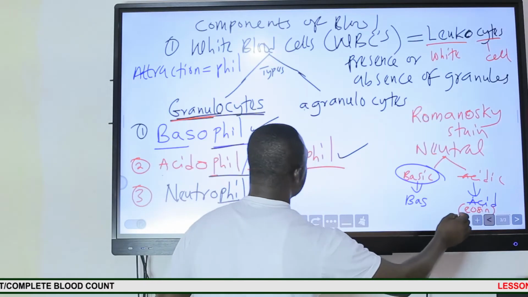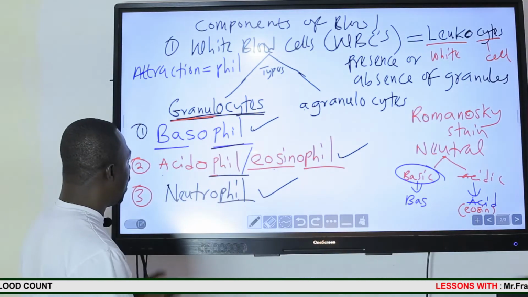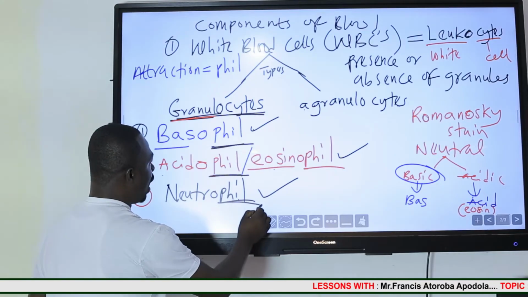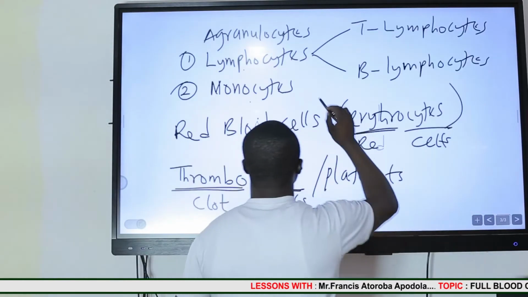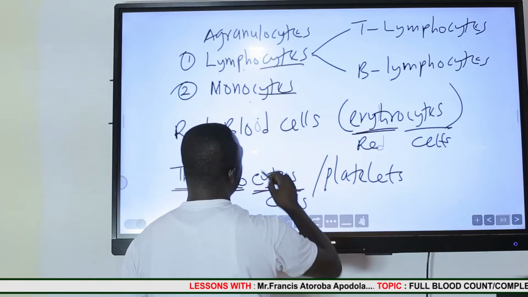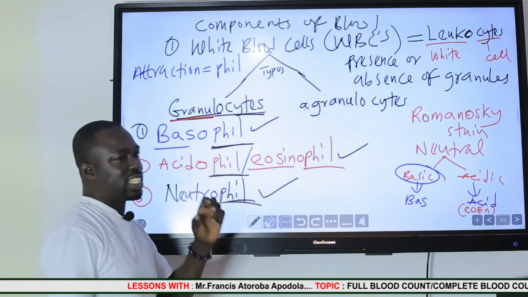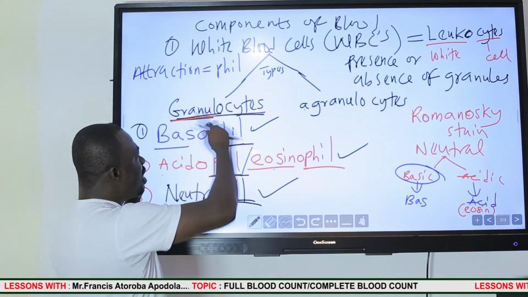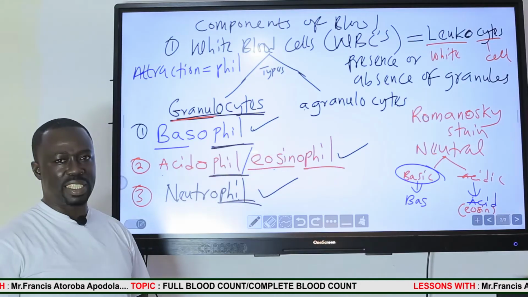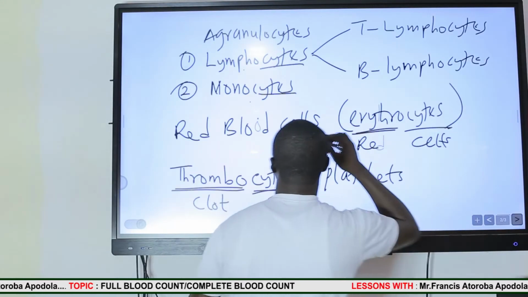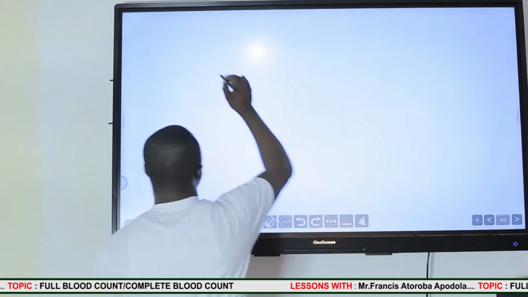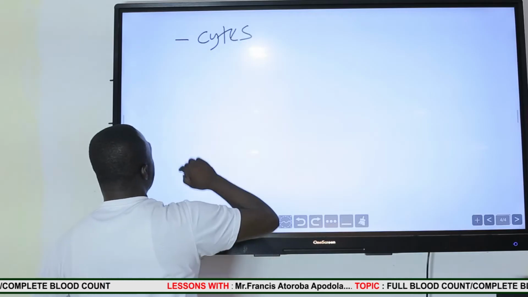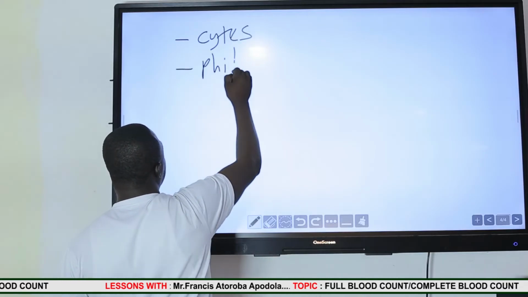So let's quickly establish: you notice that the cells that have been indicated in the blood have names ending either with phil, as in this case, or with cyte. So there are two classes of suffixes that describe the cells in the blood: cells whose names end with cyte and cells whose names end with phil.